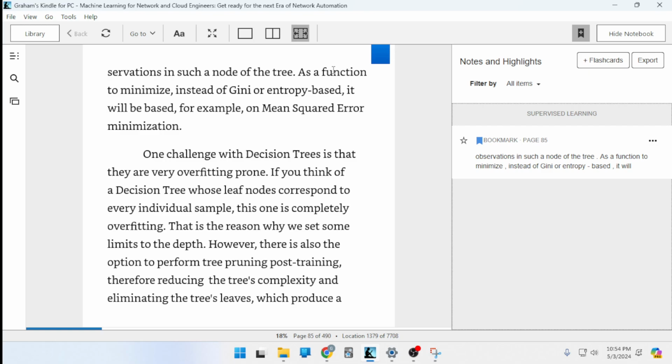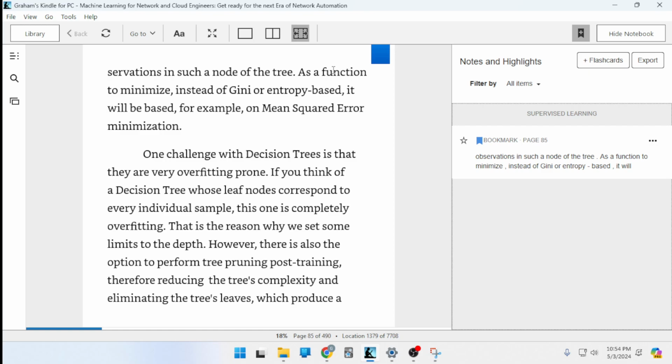One challenge with decision trees is that they are very overfitting prone. If you think of a decision tree whose leaf nodes correspond to every individual sample, this one is completely overfitting. That is the reason why we set some limits to the depth.